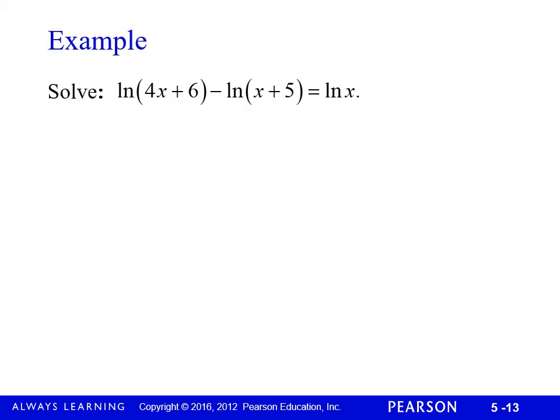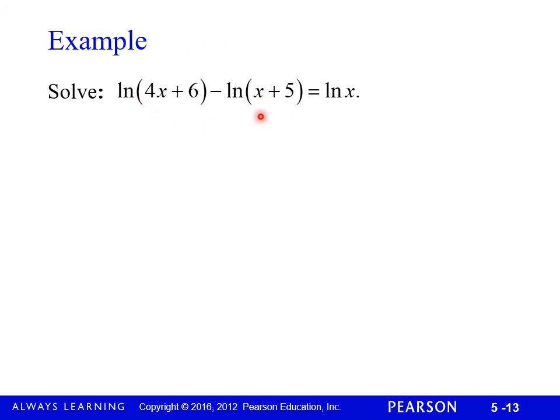Let's look at one that's a little more complicated. Here we have the natural log of 4x plus 6 minus the log of x plus 5 equals the log of x, natural log of x. And remember that what we're trying to do here in all these cases, when there's all logs, is first get a single log on both sides. So we have to convert this subtraction problem or difference into a single log.